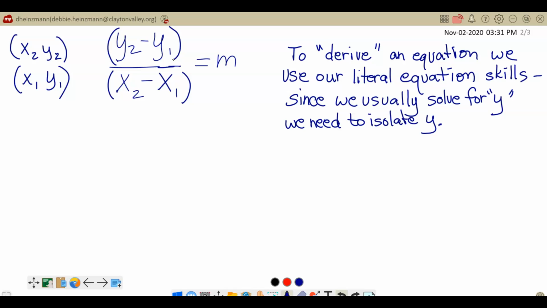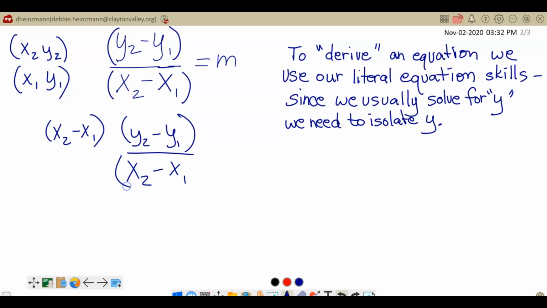So let's rewrite. So we've got x2 minus x1. And then over here, we've got y2 minus y1 divided by x2 minus x1, right? So when we multiply, we get to cross those out. On the other side of the equation, we have to do the same thing, right?